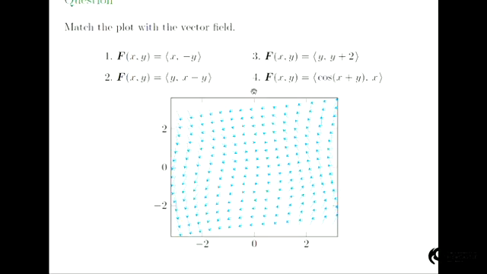Well, if we look at this x equals 0, right? If here is x equals 0, and as we're moving up, it seems that we're always pointing to the left, except if we get really close to 0. Okay, so it can't be 1.